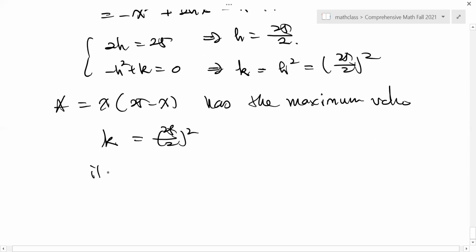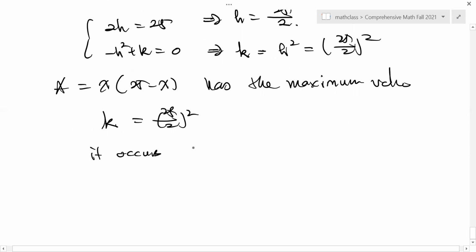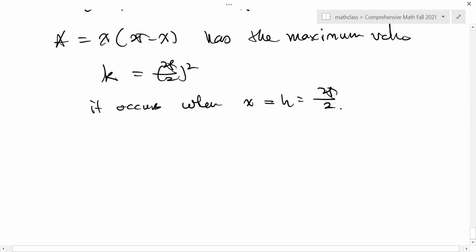It occurs when x equals h, and h is going to be 25/2. That also matches what we see from the picture. Yeah, let's go back to the picture again.